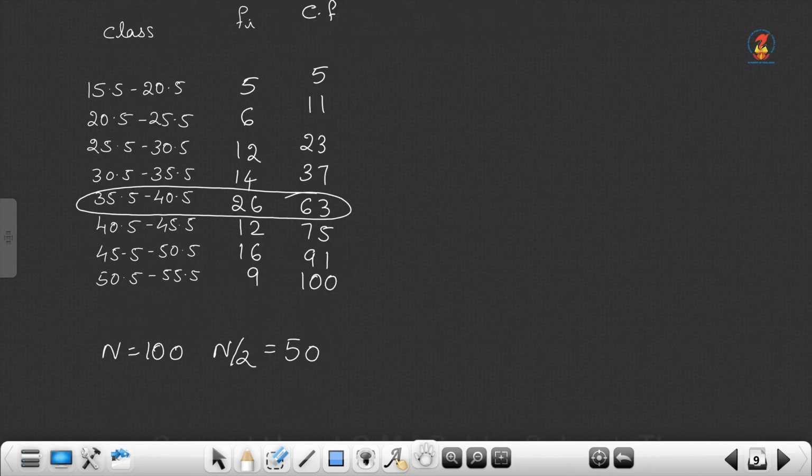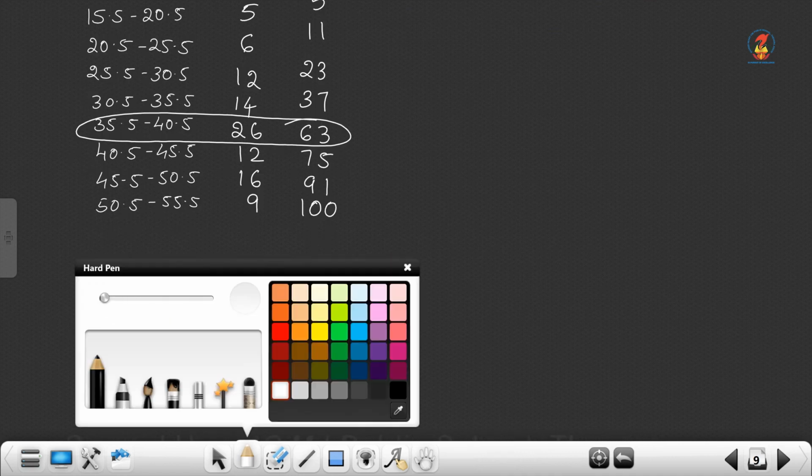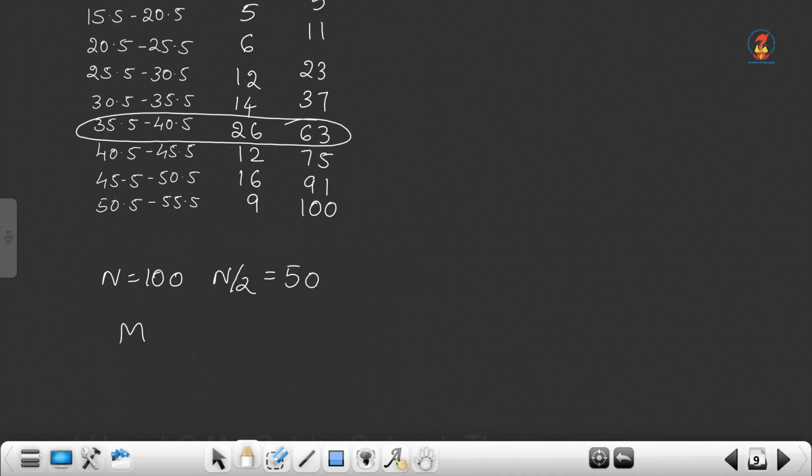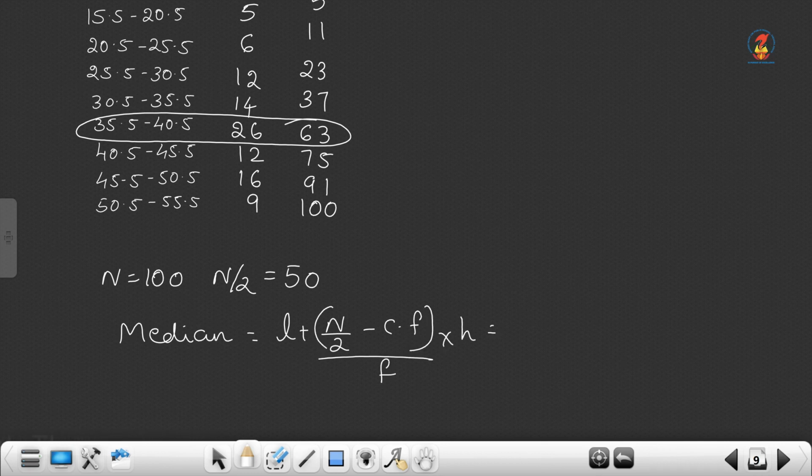Now find the median. The formula is median equals L plus n by 2 minus CF by f into h. Lower limit is 35.5 plus 50 minus CF, the cumulative frequency of the preceding class, 37, by frequency of the median class into the class size.